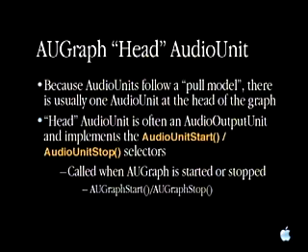And we talked about the pull model. The head audio unit is very important because it controls the hardware. It controls whether processing is being pulled through the graph or not. And so there are special audio unit APIs, AudioUnitStart and Stop, which I talked about before. And the AU Graph has corresponding calls, AUGraphStart and Stop.